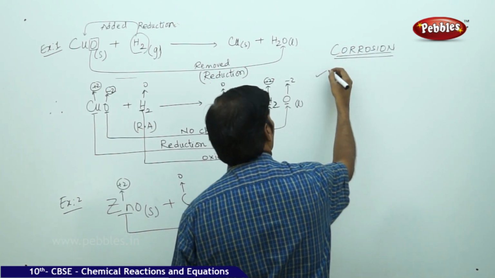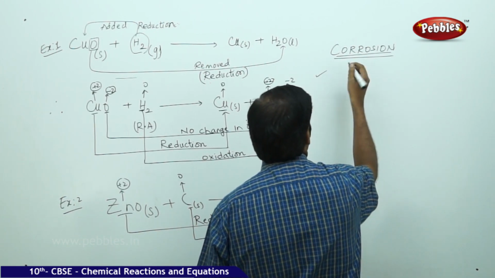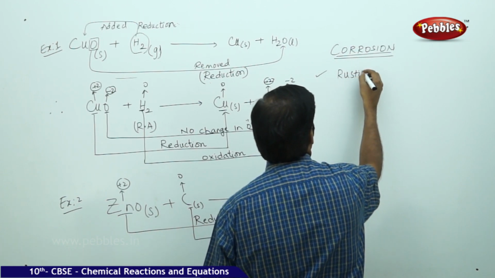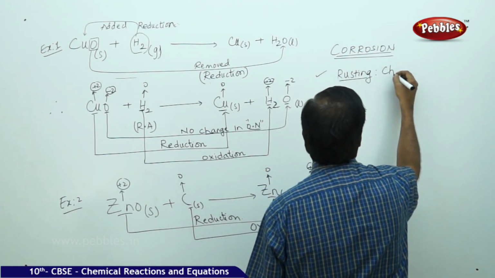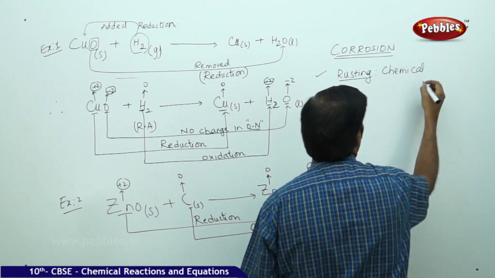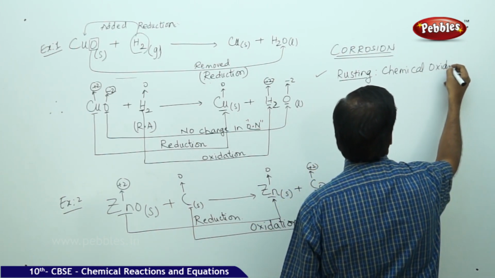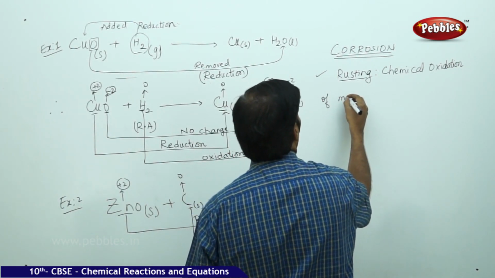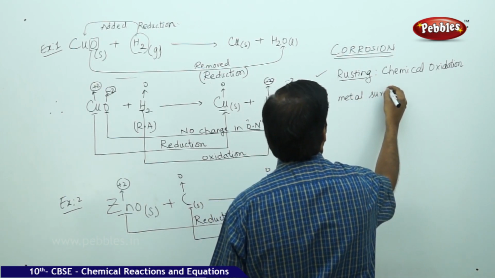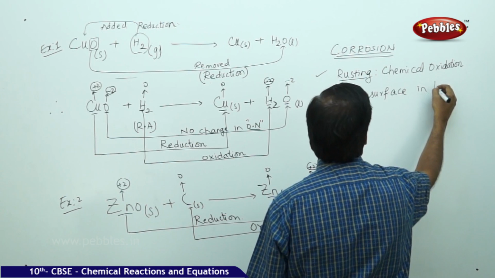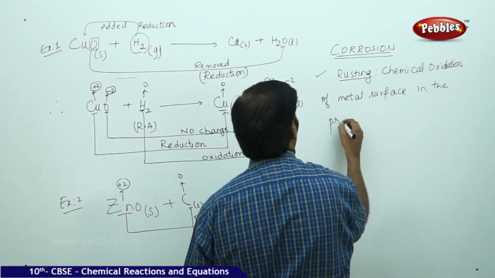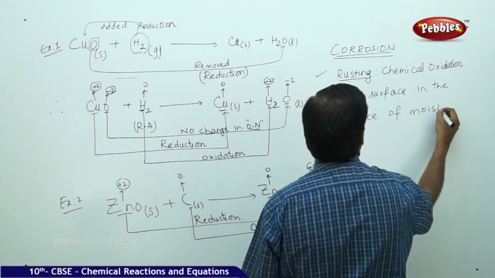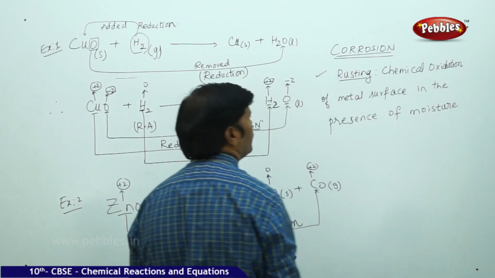corrosion. Corrosion is also called rusting. Rusting is nothing but chemical oxidation of a metal surface in the presence of moisture.